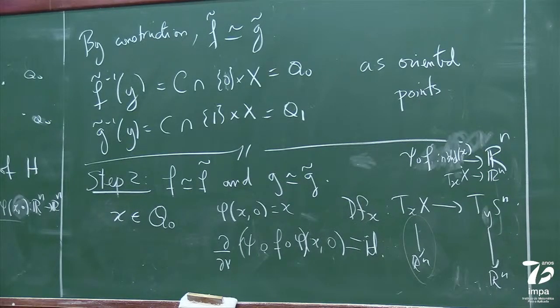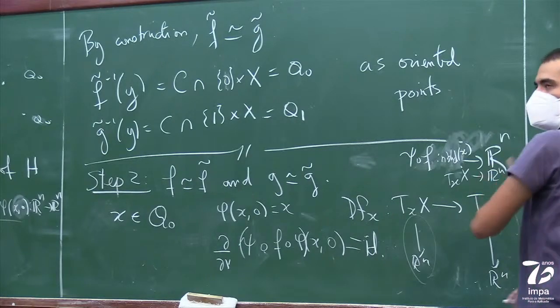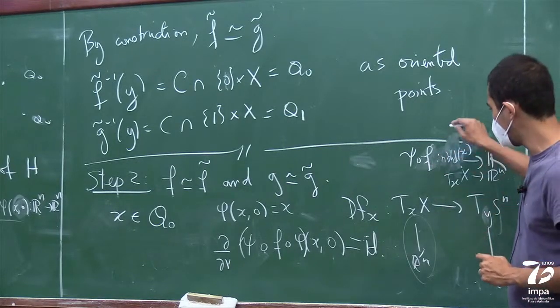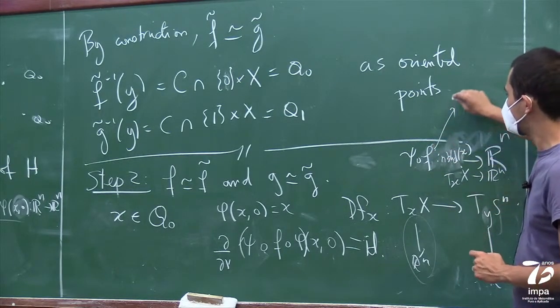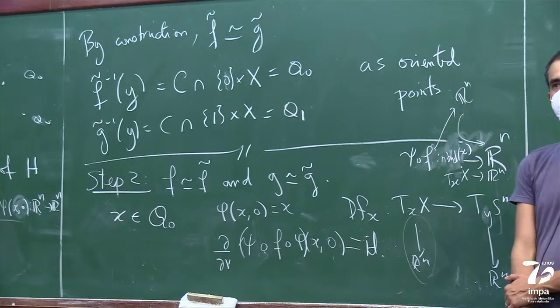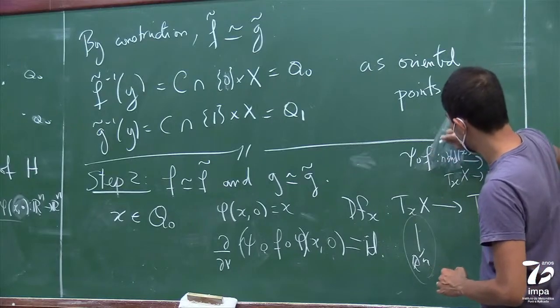So basically what I want is to choose the basis that comes from this derivative, or that will make this the identity. I want to find a chart into Rn so that the composition here is the identity.